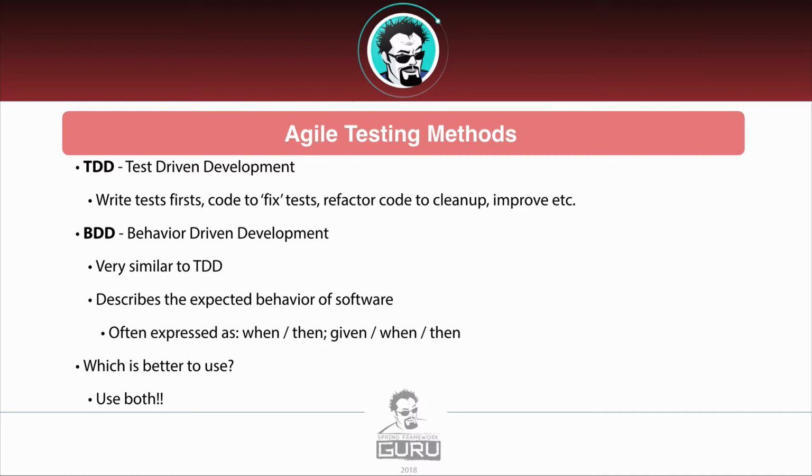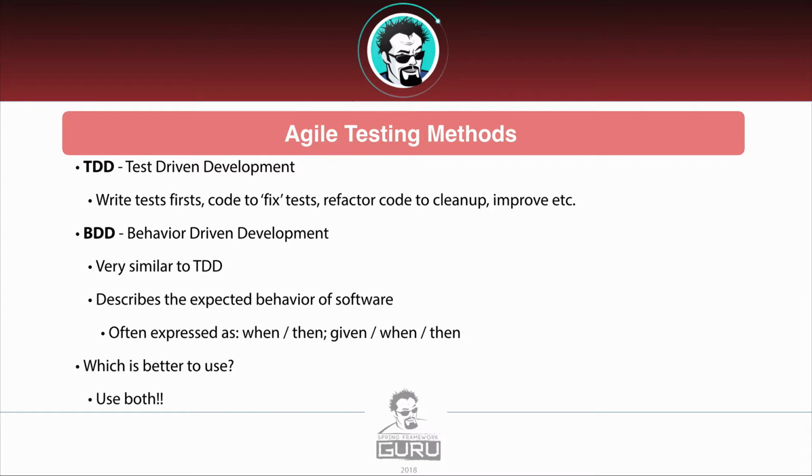We will also be looking at behavior-driven development. Now, this is very similar to test-driven development, and you can actually intermix them a little bit. And this is going to describe the expected behavior of software. So it's a little more expressive. I really like it. And when you're using the proper tools there, it's actually quite nice. I do like using Spock, which is a behavior-driven development framework.